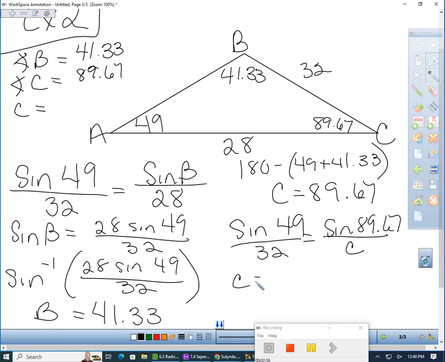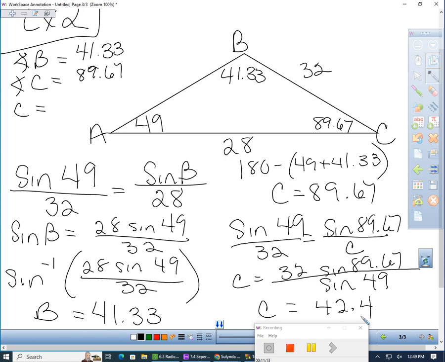We get C equals 32 sine 89.67 divided by sine 49. C equals what, Colin? So this is 42.4. Does everybody agree?